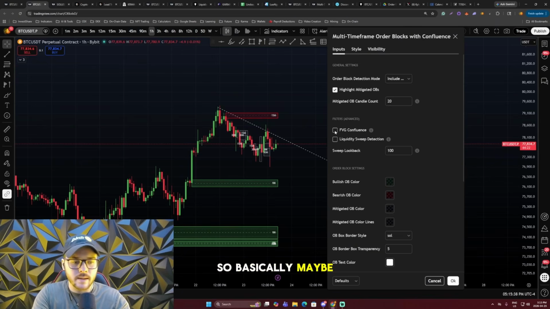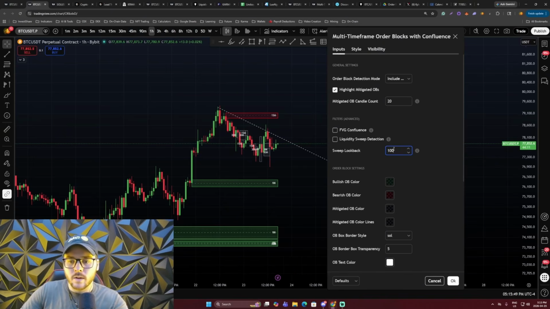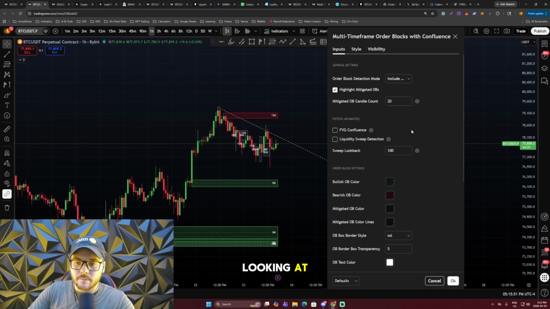So basically maybe the order block was created right after sweeping a recent high or a recent low. And then the sweep look back is based on like how many candles do you want to look back within the time frame that you're looking at, right? You can include order blocks with wicks, order blocks with body only, and all that fun stuff.